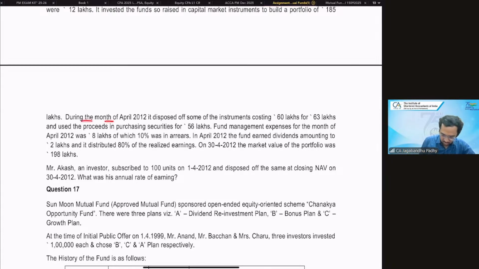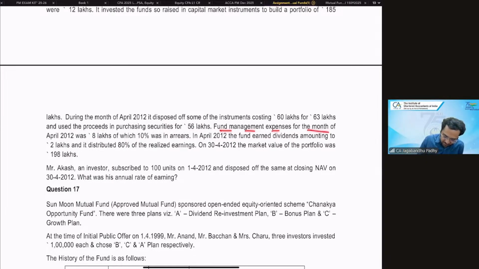During the month of April 2012, it disposed of some of the instruments costing 60 lakhs for 63 lakhs and used the proceeds in purchasing securities for 56 lakh. So certain securities which the fund purchased for 60 lakh, it sold for 63 lakhs, and purchased new securities worth 56 lakh.